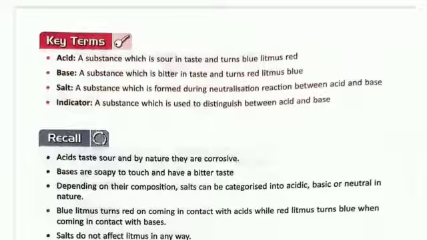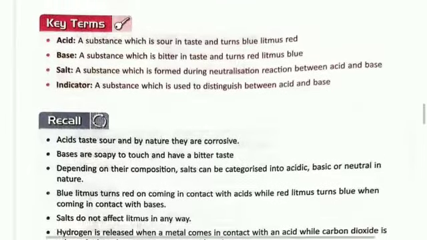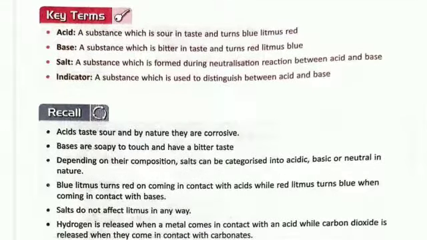Salt, a substance which is formed during neutralization reaction between acid and base. Acid and base are parents of salt. Indicator, a substance which is used to distinguish between acid and base.